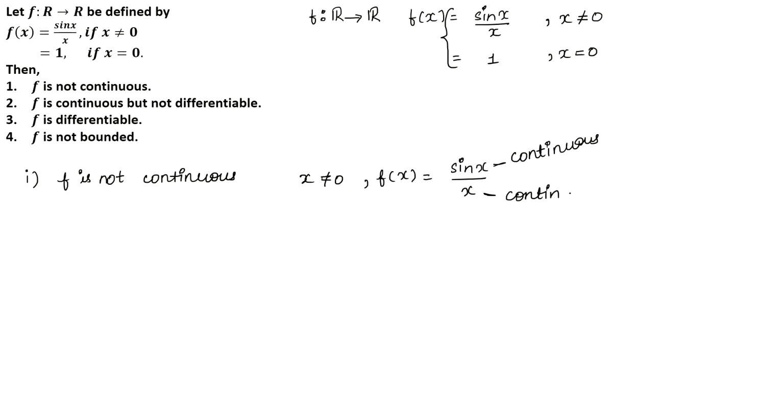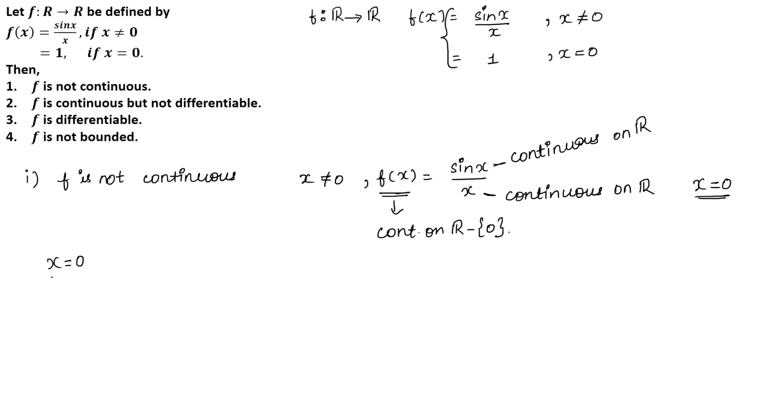Sin x and x both are continuous functions on R. And sin x by x will be continuous at all those points where the denominator is not equal to 0. The denominator is equal to 0 only at x equals 0. Therefore, the function f of x equal to sin x by x is continuous on R minus {0}.